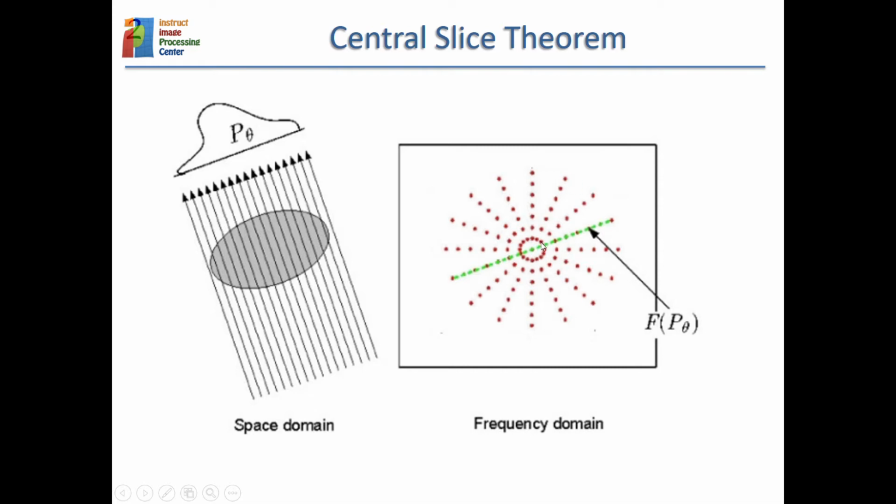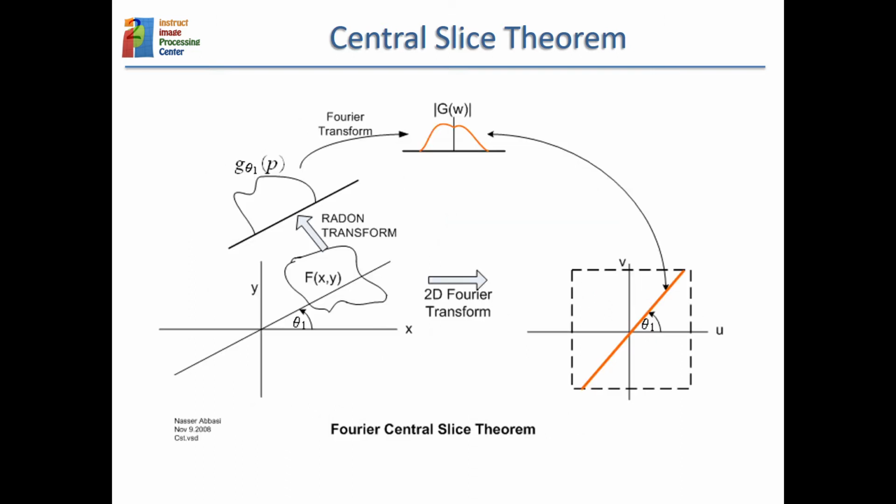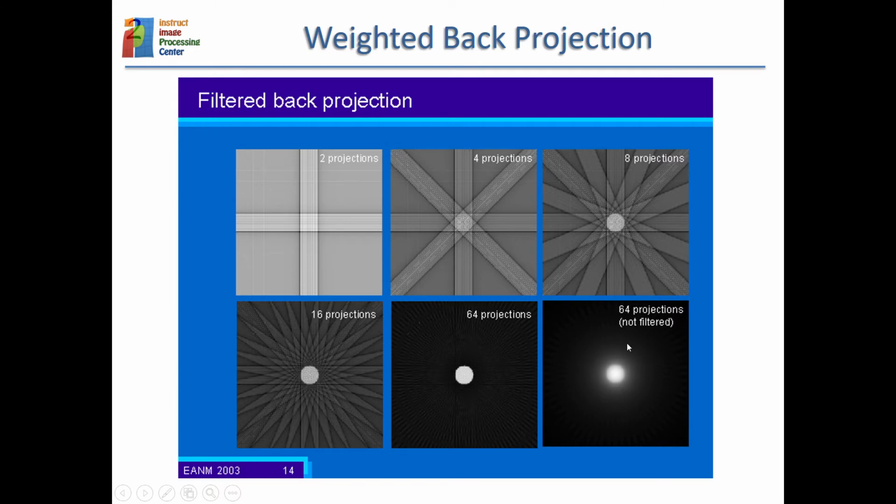The fact that these samples at low frequency are closer to each other implies that the low frequencies are overweighted. That is why, if we don't apply any filter, we have a low frequency component that is superposed to the original object.